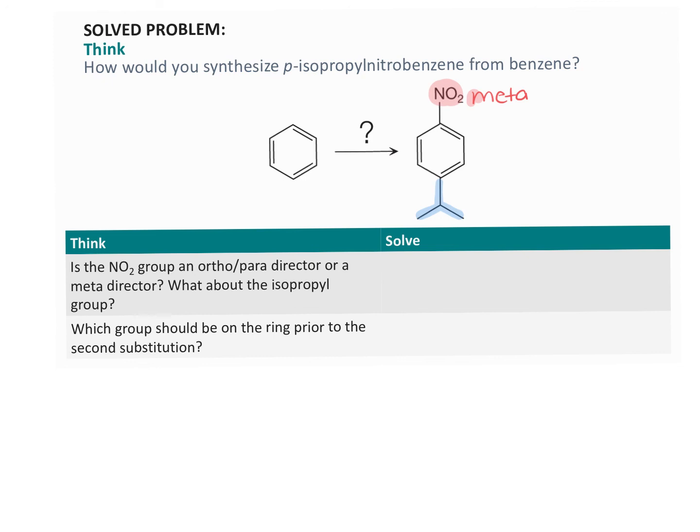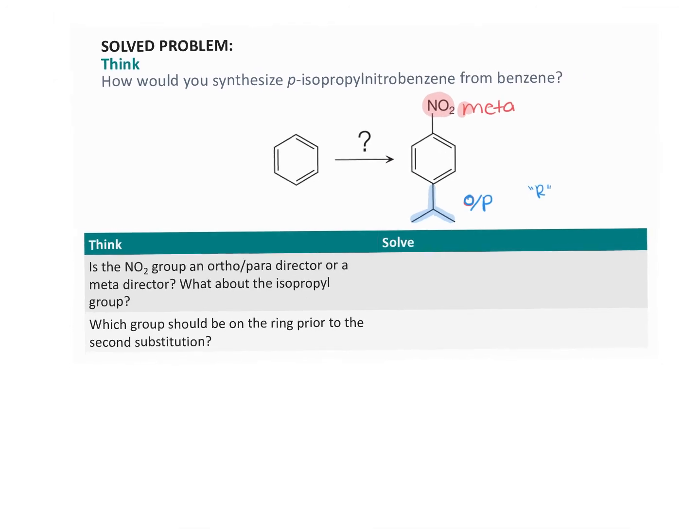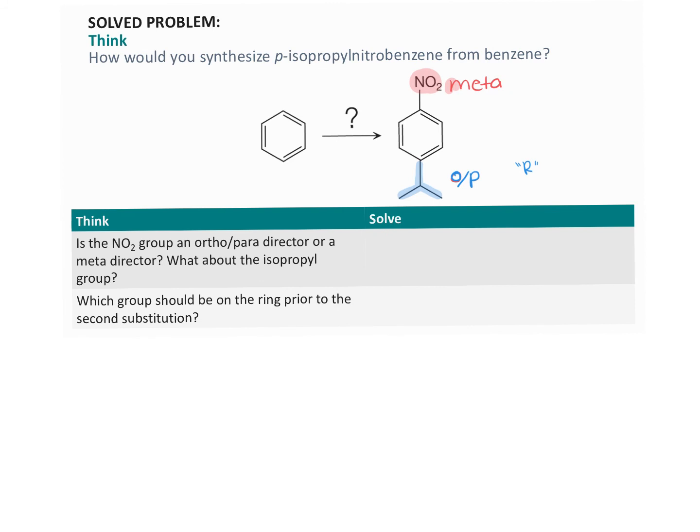The isopropyl group is an R group, and so that's going to be an ortho-para director, because that's just the generic R group. Now, both groups are attached by an atom that has no lone pairs of electrons, and the NO2 group is electron withdrawing while the isopropyl group is electron donating. So just some things to keep in mind.